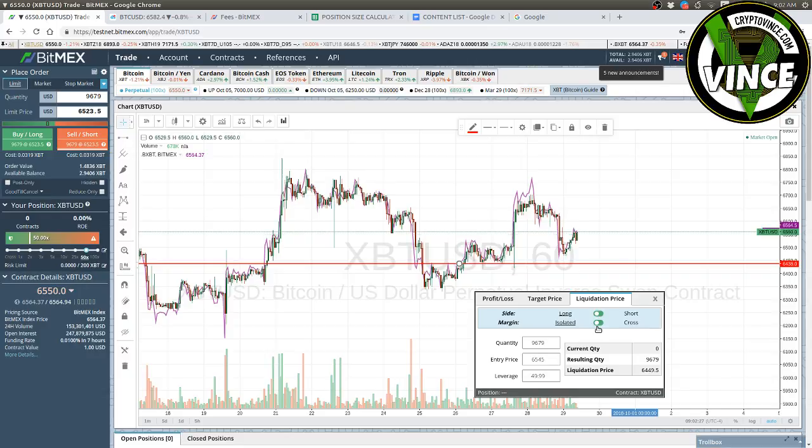So I'm long, and with 50 times leverage, my liquidation price will be 6449. In this case that's above my stop loss, so I will get liquidated before getting stopped. And you don't want to get liquidated before the stop loss.